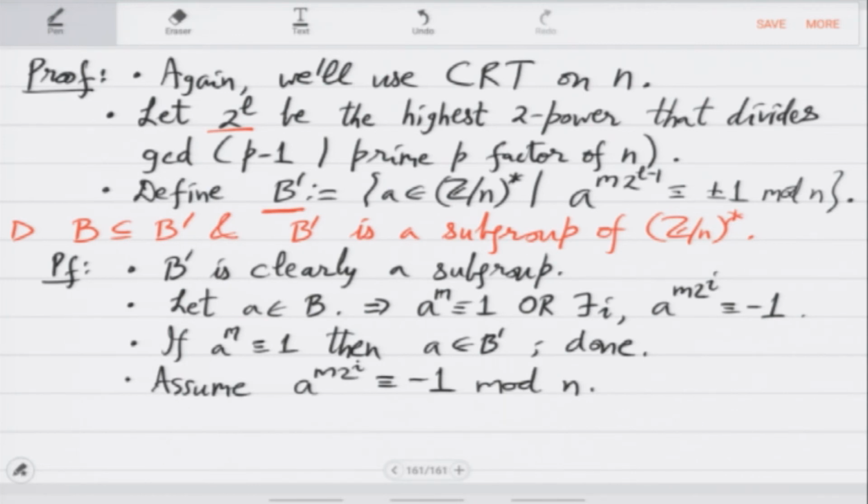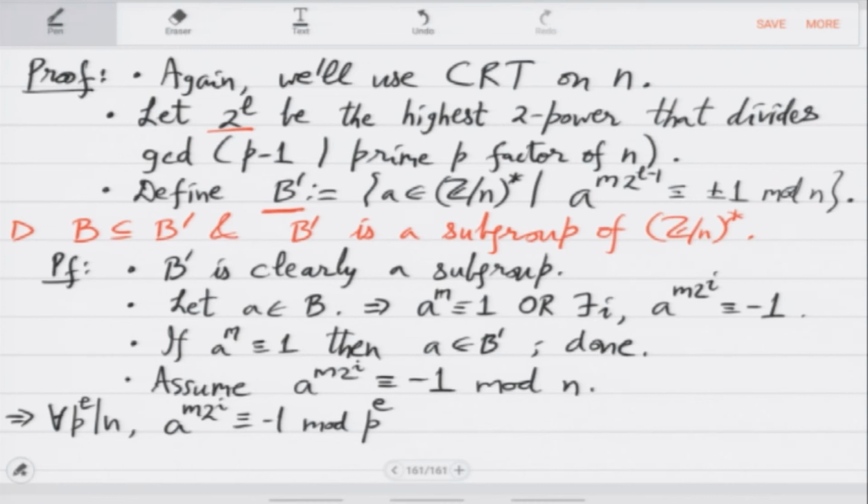So this means that for all primes P that divide n, in fact prime power P raised to E dividing n, A raised to m 2 raised to I is minus 1 mod P raised to E.